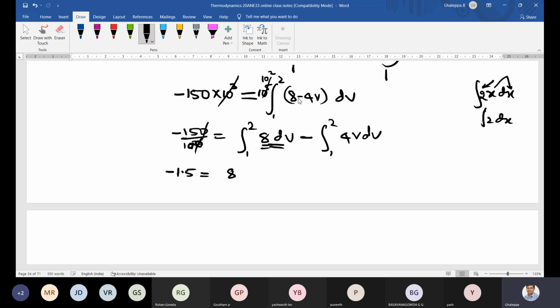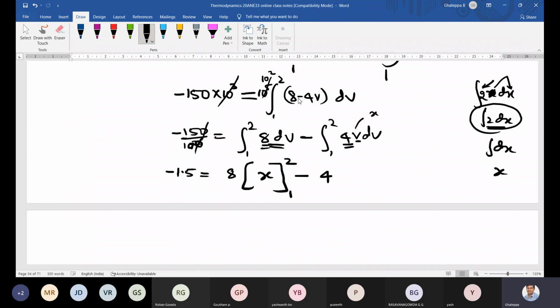Or you remember it like this, what is the integration of dx? x. Right, x between the limits 1 to 2, minus 4 is constant, take it out. What is the integration of V dV? V is nothing but x, dV is dx. What is the integration of x dx?